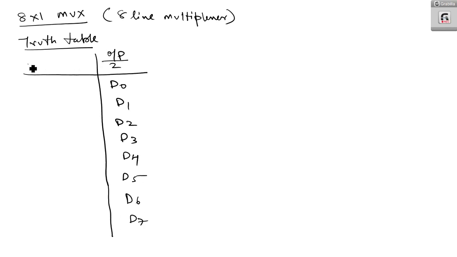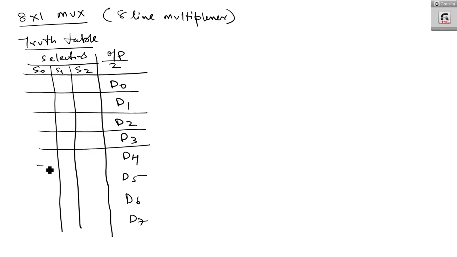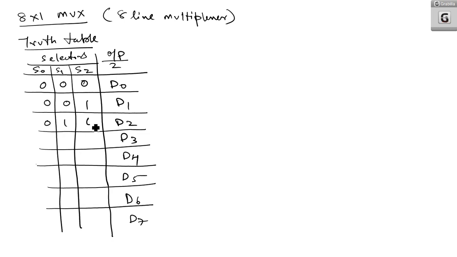Now coming to selector switches, you are having S0, S1 and S2. 0 0 0, 0 0 1, 0 1 0, 0 1 1, 1 0 0, 1 0 1, 1 1 0, 1 1 1.